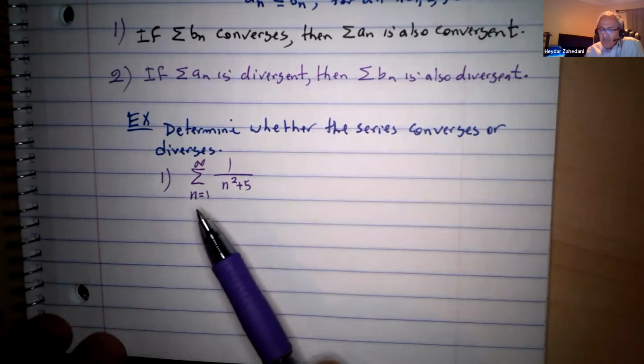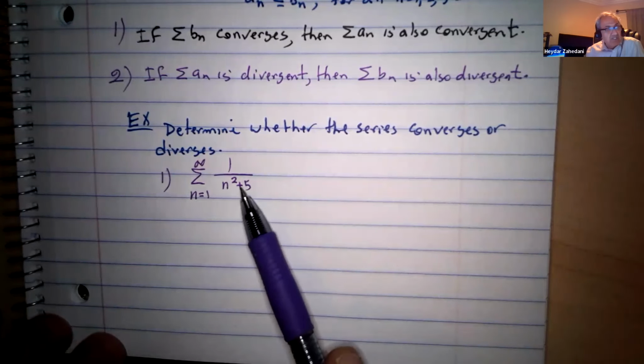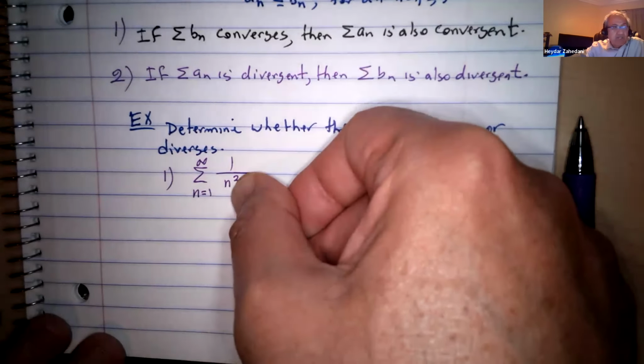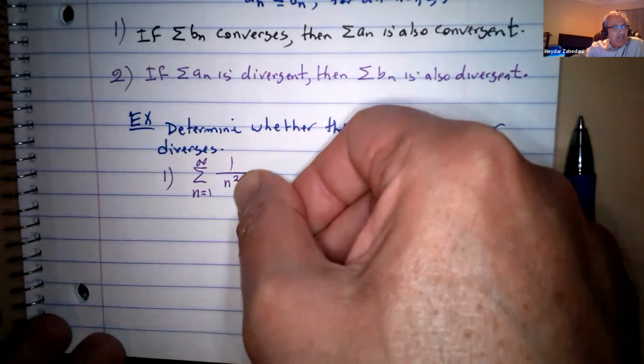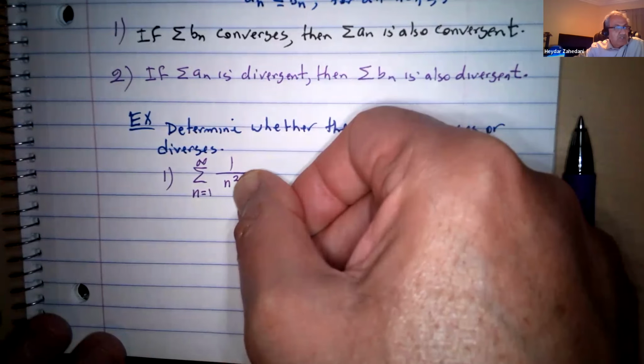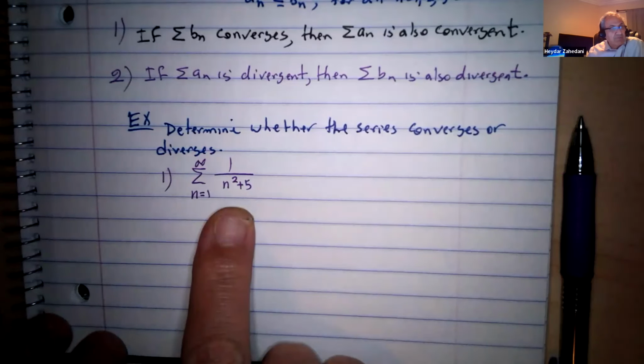When n goes to infinity, you can shrink this denominator, so this would be like 1 over n squared. And you know that 1 over n squared is a P series with P equal to 2, which is convergent. So this one would be convergent too.